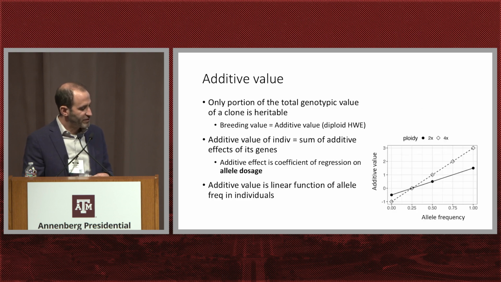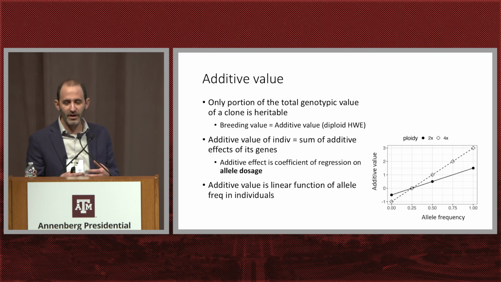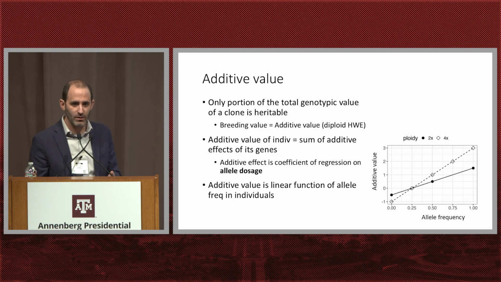And so it follows from this that the additive value can be written as a linear function of the allele frequency within an individual. Okay, that's not a concept that we use a lot, but within an individual, a diploid can have a frequency of 0, a half, or 1 for a biallelic locus, whether you're homozygous versus heterozygous.